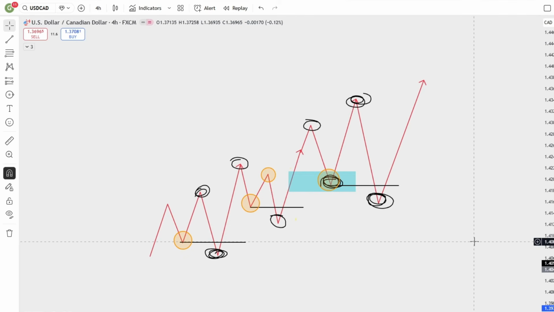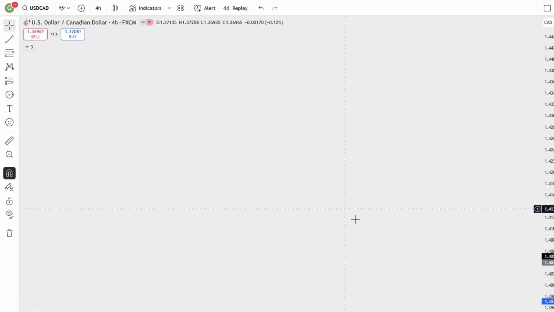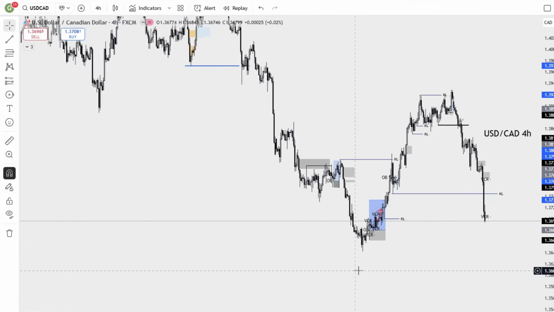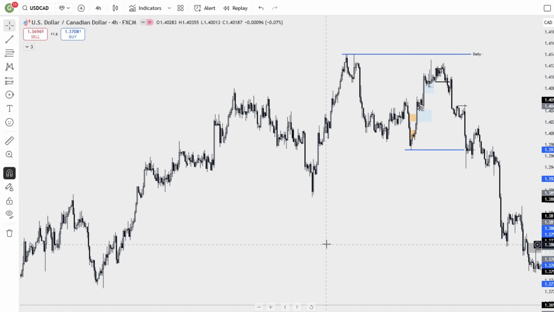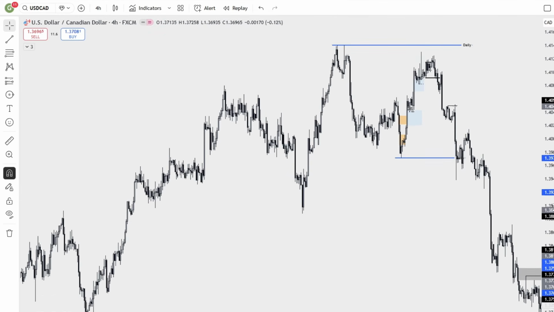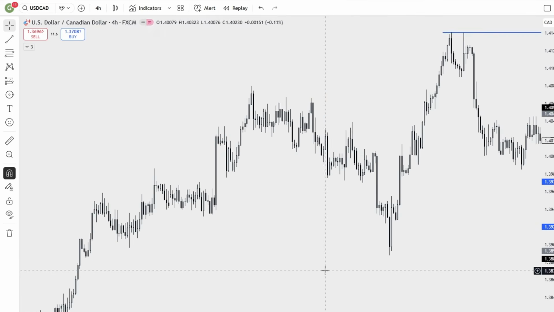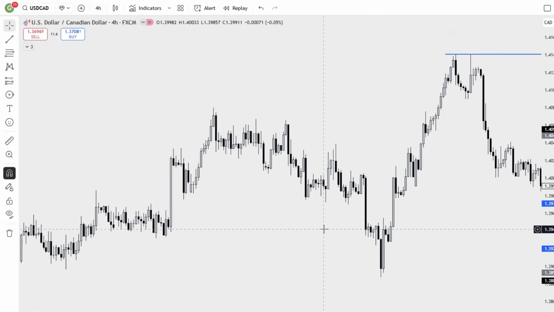So I want you to go to your charts right now and spot all those external and internal liquidities. Like right here, what do you have here? You see something? Because I can see clearly a lot of things right here.